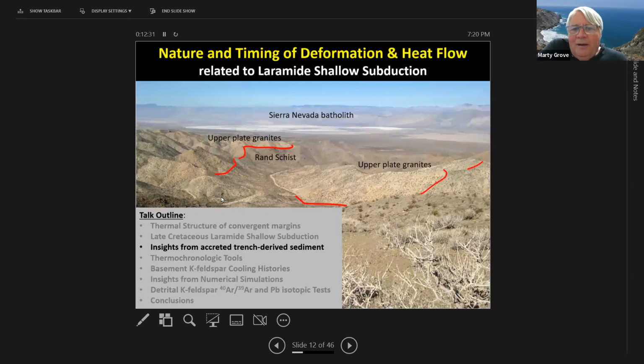So what I'd like to do now is present some of the major conclusions that we can derive from accreted trench-derived sediment that was subducted beneath the Southern California region and then exhumed to the surface during later tectonic events.